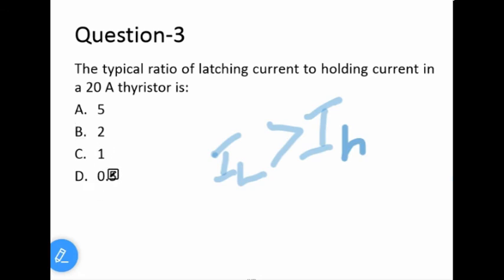Both cannot be equal. Among the options, latching current cannot be very much higher. Latching current and holding current are somewhat closely related. Therefore, B is the answer.